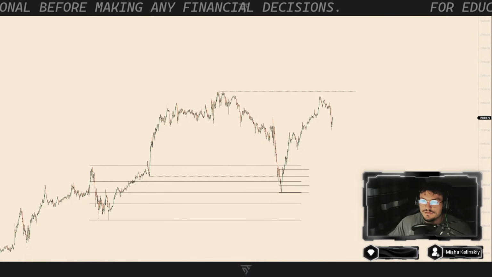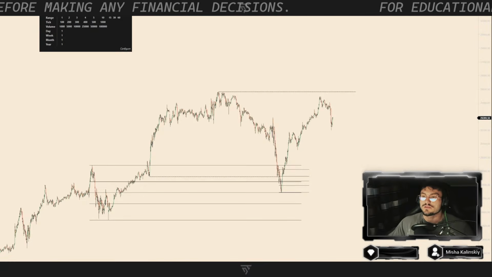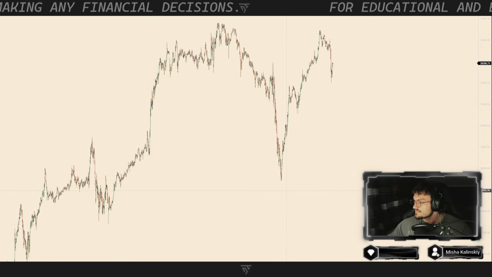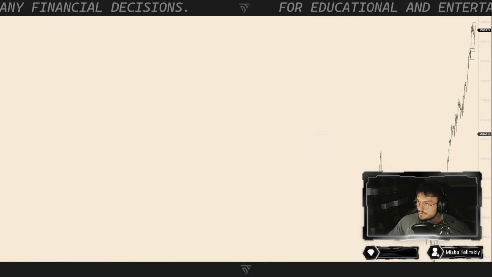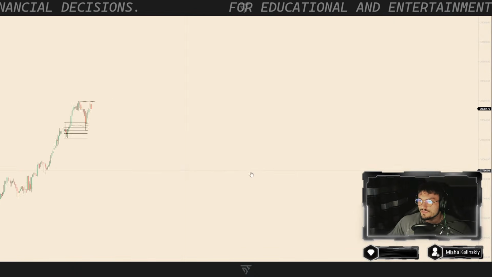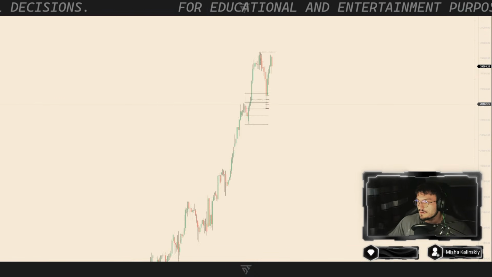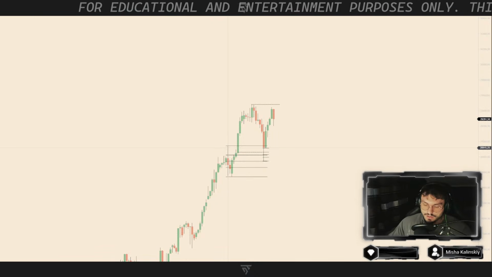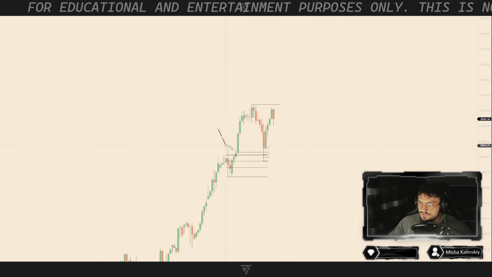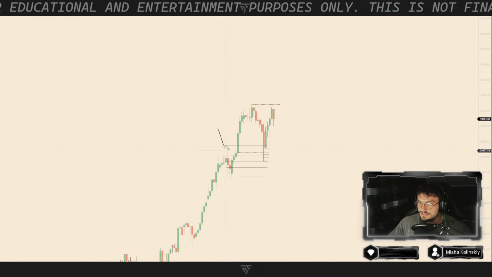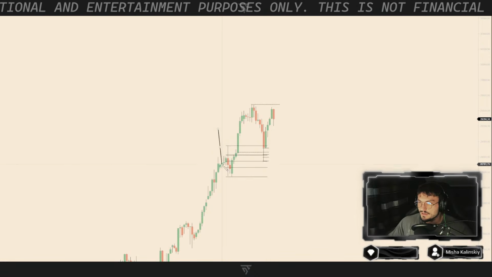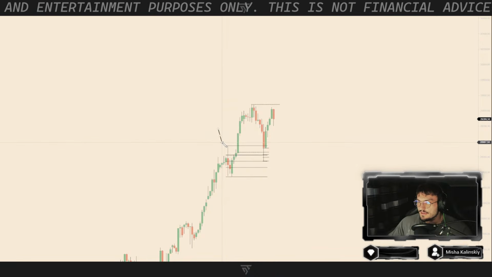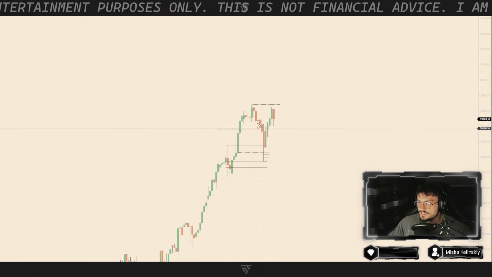Okay, so for the top-down analysis, let's start on the 4-hour. If we look, we tapped the zone from yesterday, the swing. The swing high and the swing low. This is an hourly swing that we're looking at. We had this marked out the whole session.